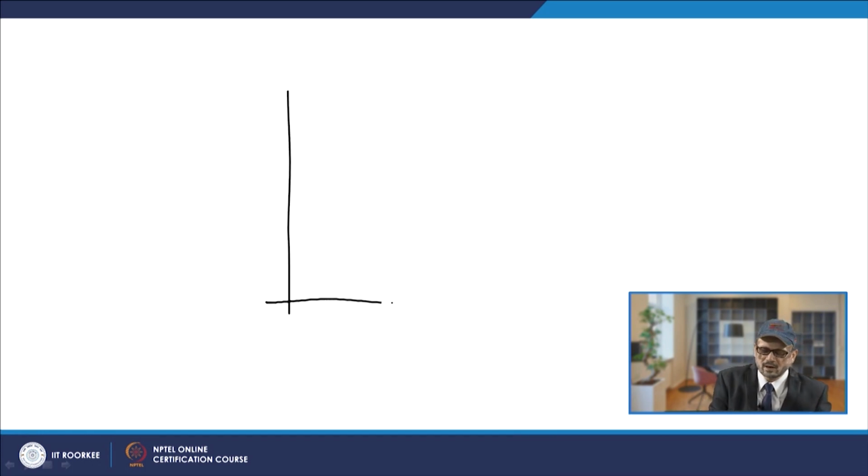Pure iron has a melting temperature close to 1539 or 1540 degree centigrade.